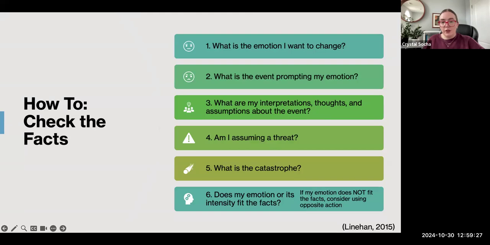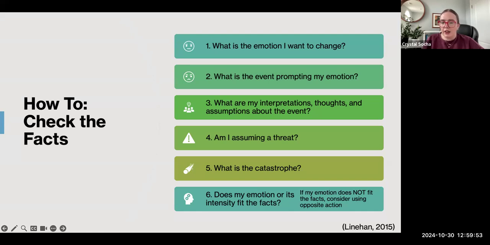Does my emotion or its intensity fit the facts? So maybe I am feeling sad and maybe I am feeling uncomfortable, but maybe my emotion doesn't necessarily fit the facts of the situation. So thinking about how likely is it that this person doesn't want to be my friend? Maybe they had plans with someone else.